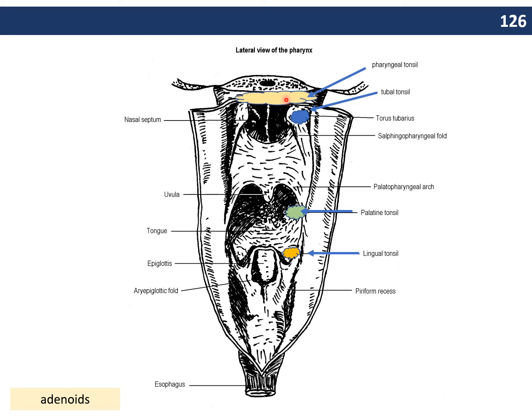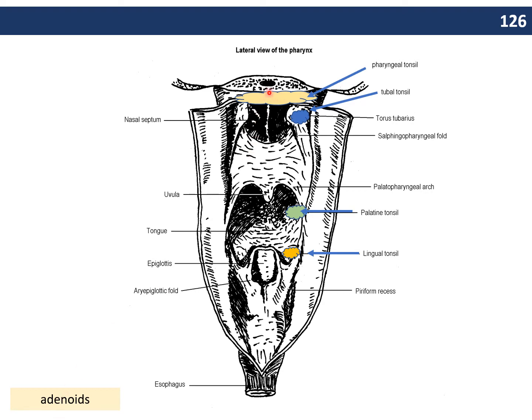And the pharyngeal tonsil sits on the base of the skull. The pharyngeal tubercle is right here. And the pharyngeal tonsil is what is hypertrophied, and we call that adenoids.